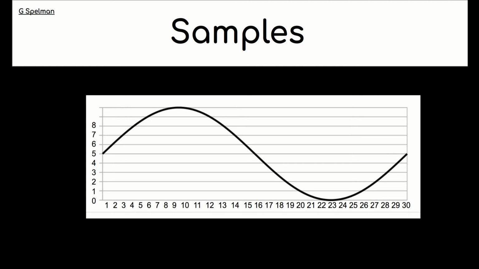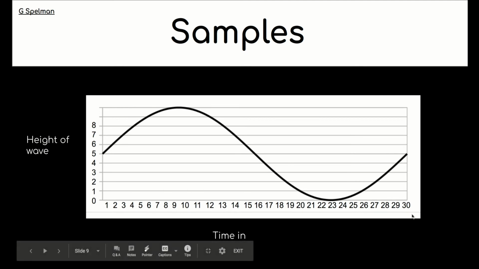We're going to take so many samples per second, but just to illustrate this to you, I have got a sound wave here, and it is shown over 30 seconds. So this is 30 seconds long. And anywhere along here, we can work out the height of the wave.